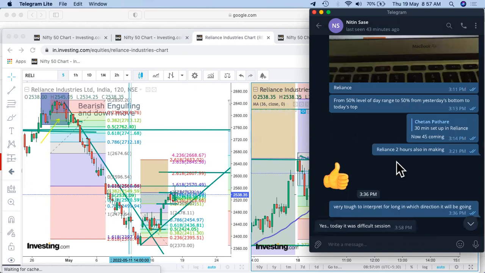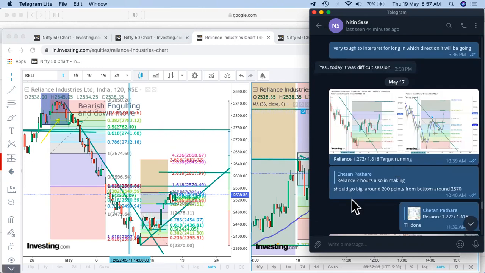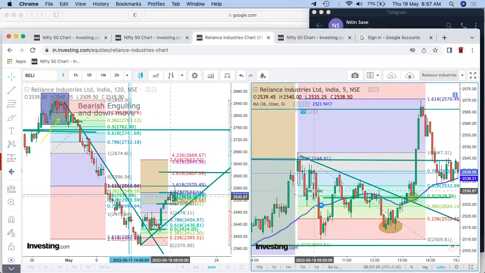So these are the setups which have been made as per the price, or maybe time frame. Yes. Because the range was formed in almost a 2 hours time frame, I was expecting this on 17, not even this was 18.